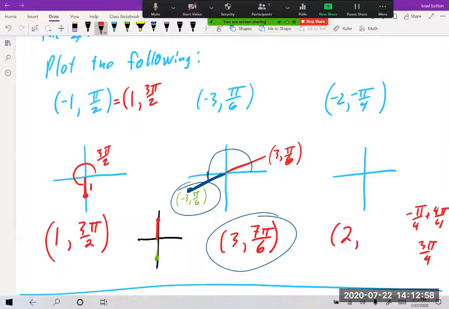So 3 pi over 4 is right here, right? Just like that. And then we have a distance of 2 traveled, okay? So this is 2 comma 3 pi over 4. And this is where it would be located right here. Okay, so those are our 3 ways that we can undo a negative radius. I just add pi to the angle and that fixes it.